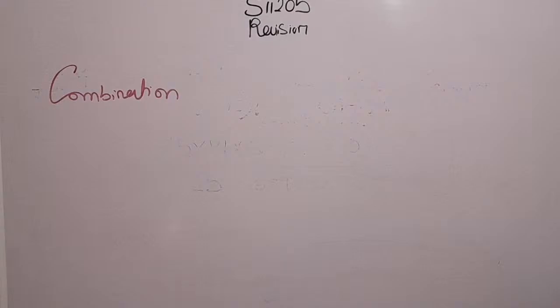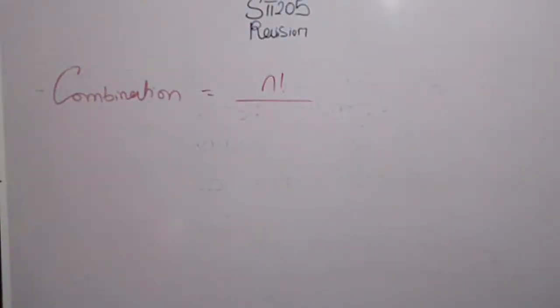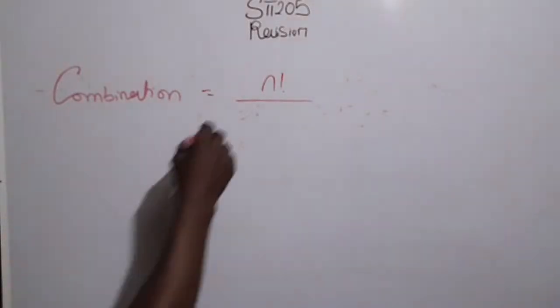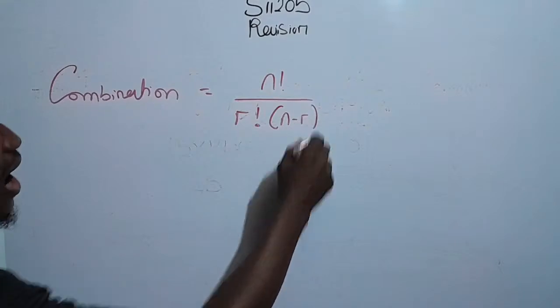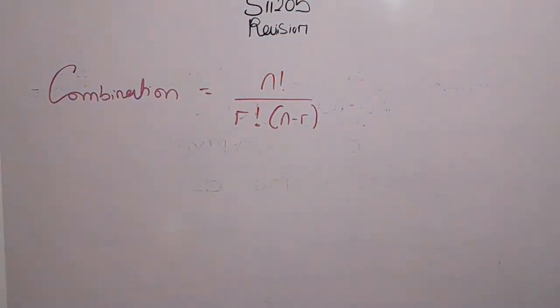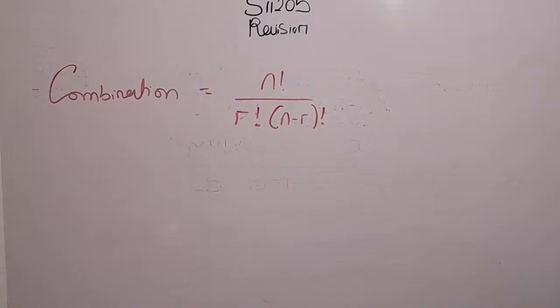Combination says n factorial all over r factorial into bracket n minus r factorial. Different formula. Okay.